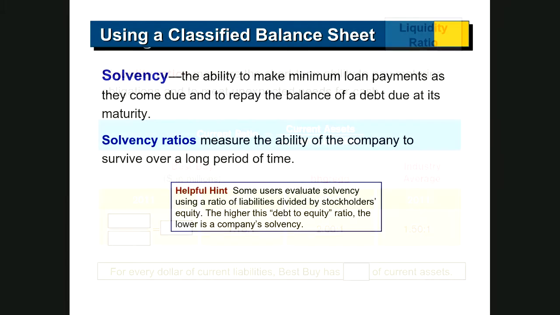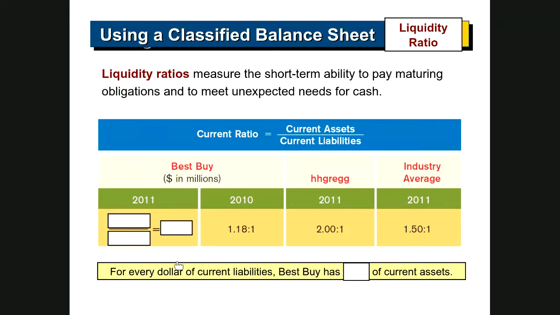The calculation is very simple. Because we are doing this in Blackboard, these numbers are not showing. If you plug in 2011's current assets here and you plug in the current liabilities here, you will see that the ratio of current assets to current liabilities is 2:1, meaning for every $2 of current assets, you have $1 of current liabilities. 2:1 means your current assets are twice as much as your current liabilities, right?